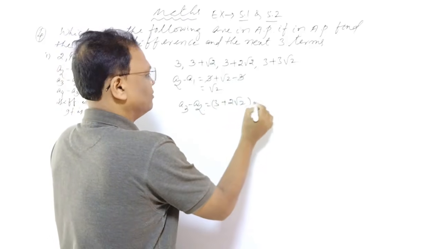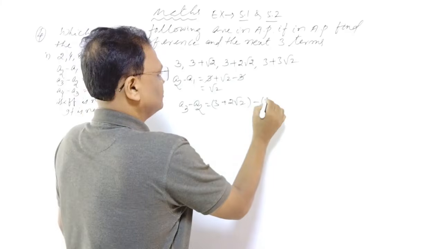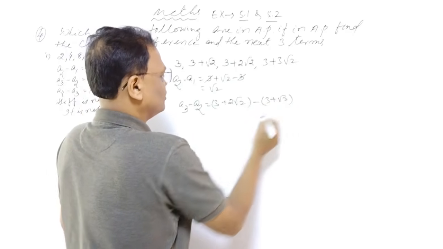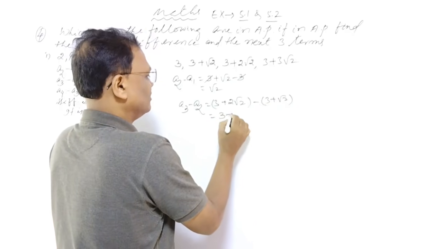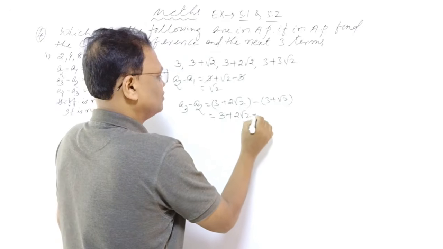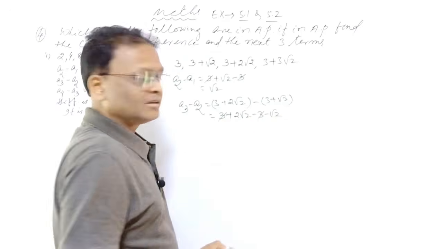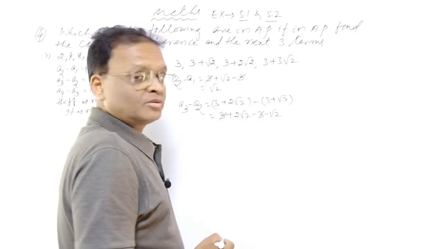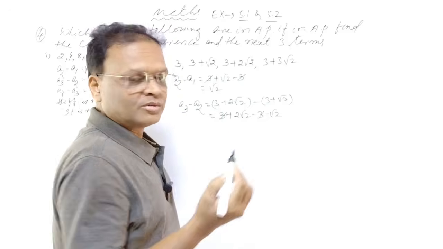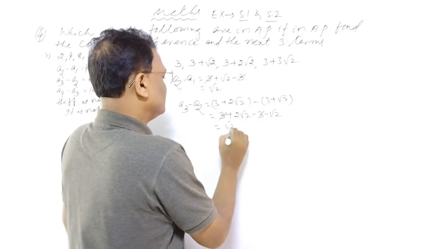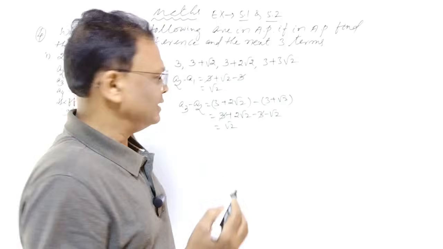So a3 minus a2 is 3 plus 2 root 2 minus, removing the bracket, 3 minus root 2. The plus 3 minus 3 cancel. 2 root 2 minus 1 root 2 gives me only root 2. This is a3 minus a2.